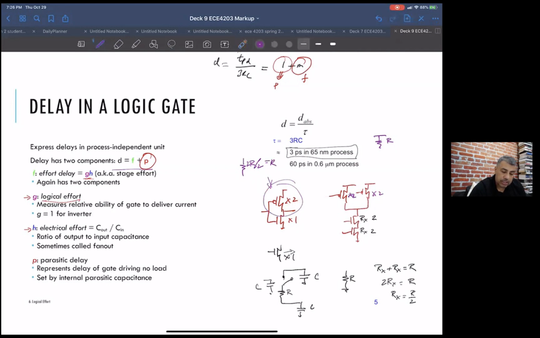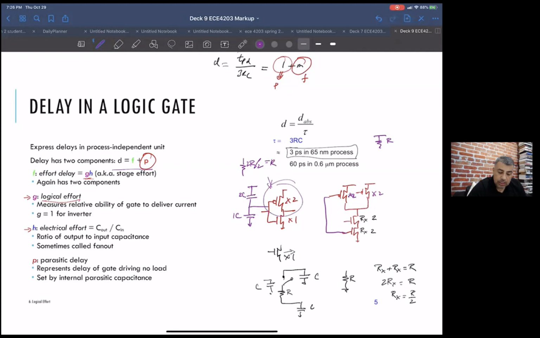So if I look at the gate capacitance, I'll get 2C of gate capacitance for the P and 1C of gate capacitance for the N, right? So if I look at one of the inputs here, what kind of gate capacitance would I get with these sizes? So I have a 2 wide P and a 2 wide N.